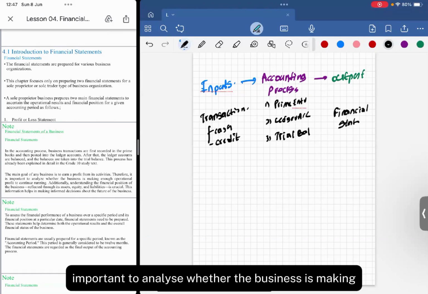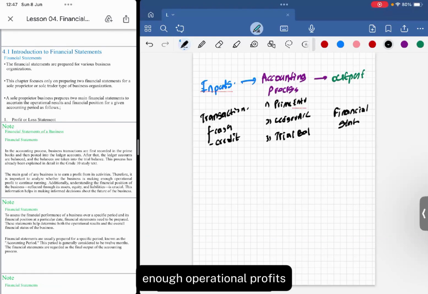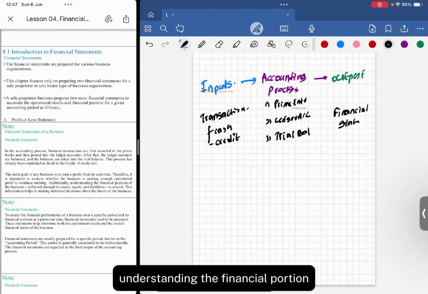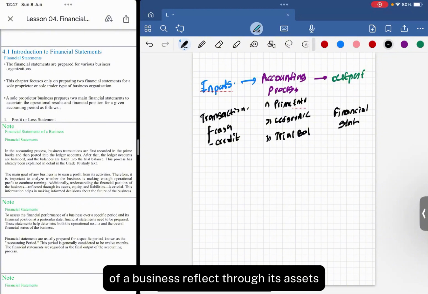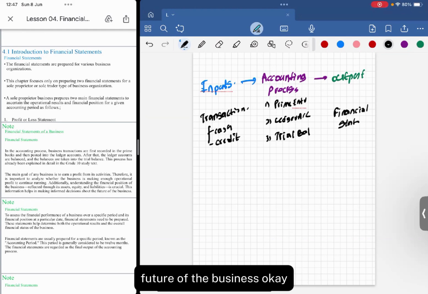Therefore, it is important to analyze whether the business is making enough operational profits to continue running. Additionally, understanding the financial position of a business reflected through its assets, equity, and liability is also crucial. This information helps in making informed decisions about the future of the business.